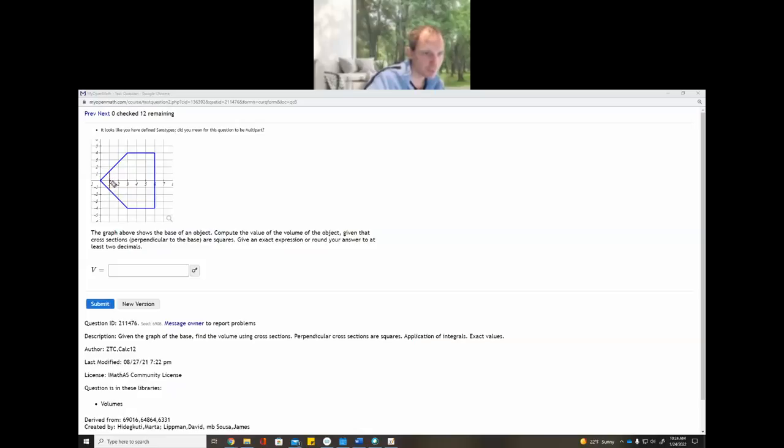If I look at this piece here, that would be the base of my square coming up out of the page, so I get a square that comes up with that same height. Over here I have a smaller square, and up here I have this really big square coming out of the page. It's going to be like that for all of these pieces when I get to the end.